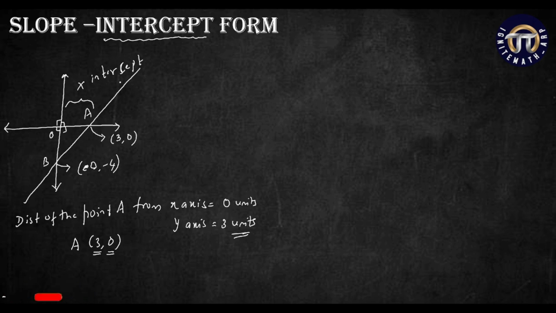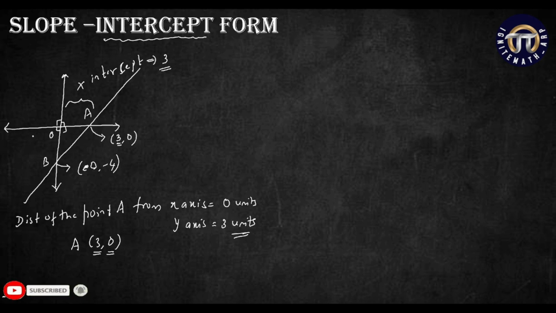X-intercept, I can say here it is 3. So what does it mean? The distance of the point of intersection of the line from the origin, where it is intersecting the x-axis, its x coordinate, is nothing but the x-intercept.